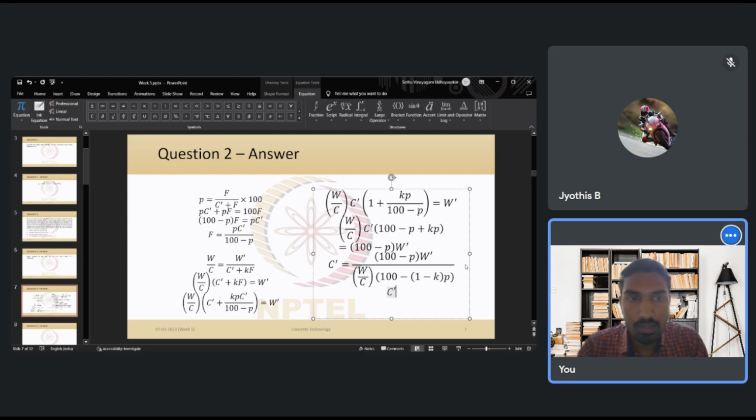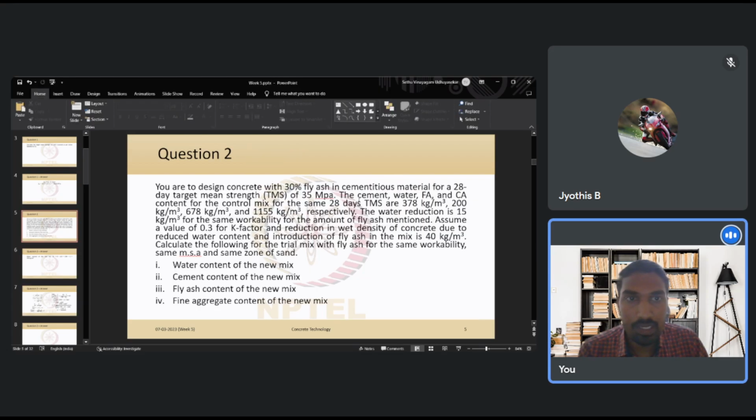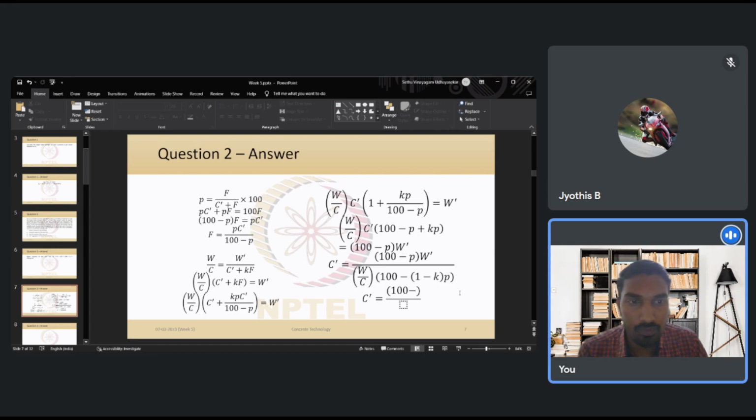So C prime is nothing but 100 minus P. Here P is in terms of percentage, not proportion, because we multiplied by 100 when finding this. In the question P is given as 0.3 or 30%, so we just have to use 30 for that.